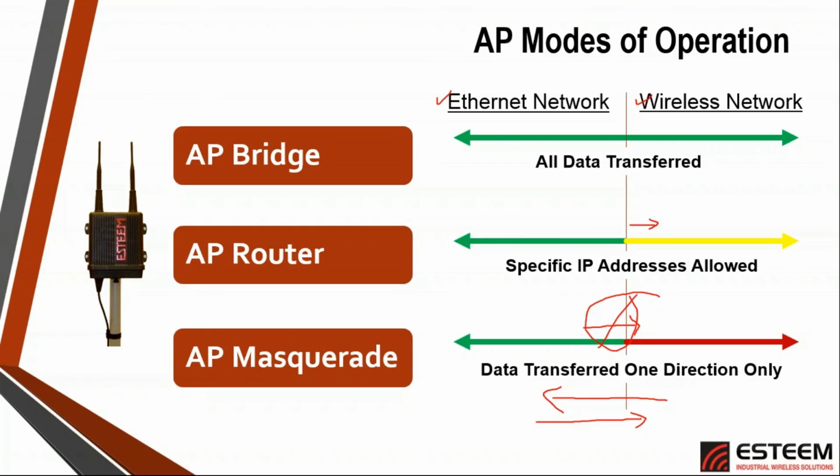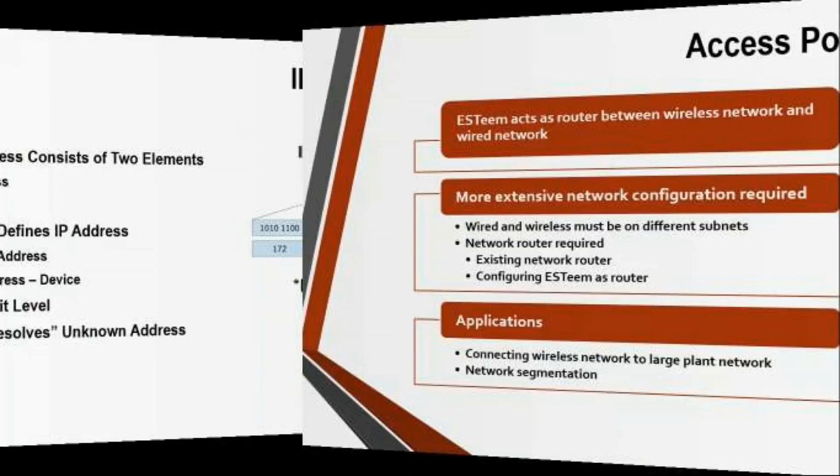That's what creates the firewall. The devices beyond it can request information from the Ethernet world and get it across, but nothing from the Ethernet world can push through into the wireless side. That is really the key difference with the masquerade mode.